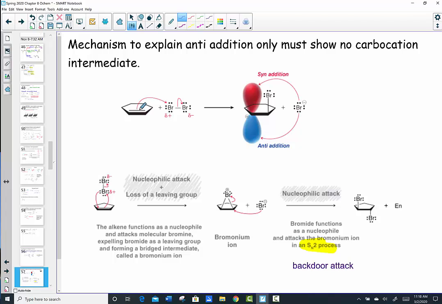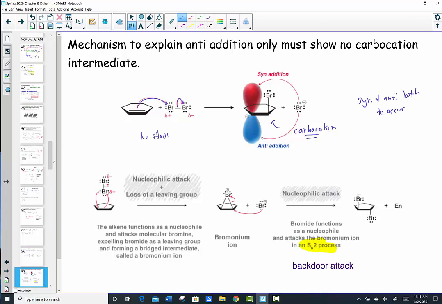So let's say the pi bond reaches out for a bromine and this bond collapses. That's a nucleophilic attack. And the leaving group leaves. That's the bromine. The bromine also has a set of electrons, just like the mercurium did. If we were to stop right here, this is a carbocation intermediate, and we would expect syn and anti both to occur.